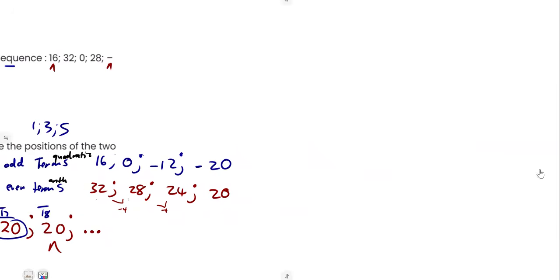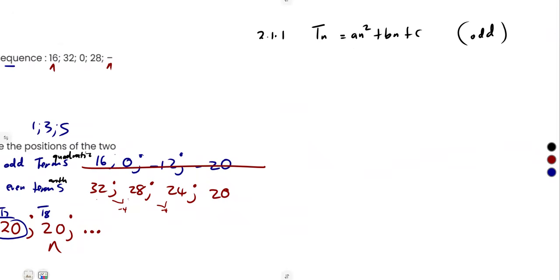So from the odd terms, let us answer this question. We need to find Tn of a quadratic, which is an squared plus bn plus c, from the odd terms. Remember, we have got 16, 0, minus 12, minus 20.